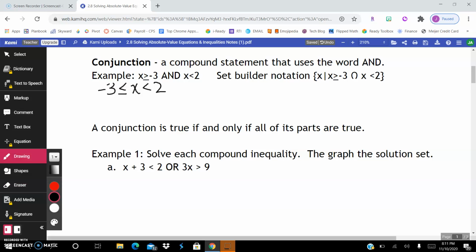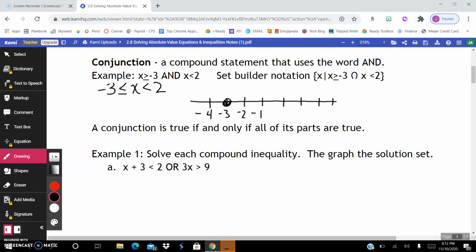And in set builder notation, it's going to be written the exact same as the disjunction, except instead of the upright U, you're going to have an upside down U. And then on a graph, a circle at -3.